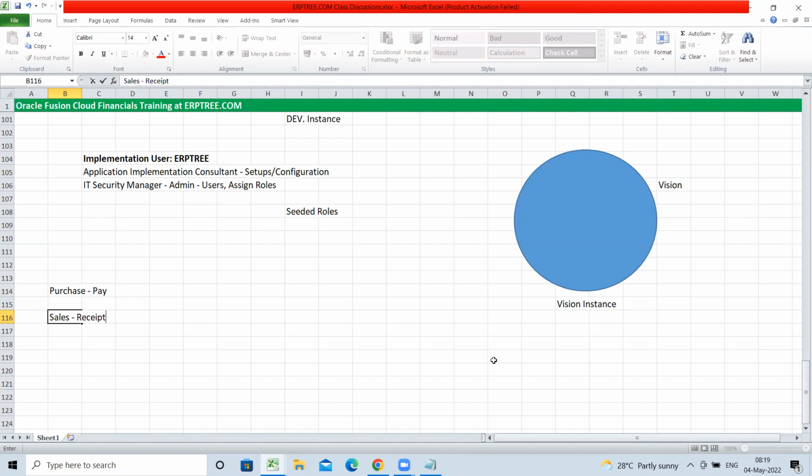We sell something to the customer and we receive the payment from the customer. That means receipt. You have to understand these two processes and how they take place in any business. What is the standard process every company follows when they purchase and pay, and when they sell and collect payment from the customer? So in today's session, let's focus on this.